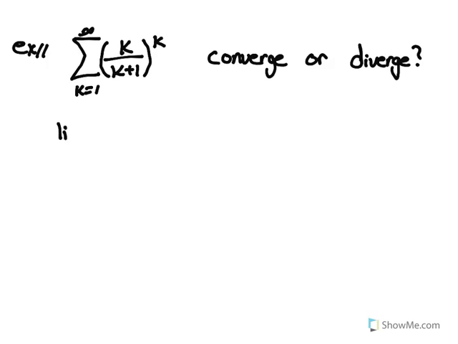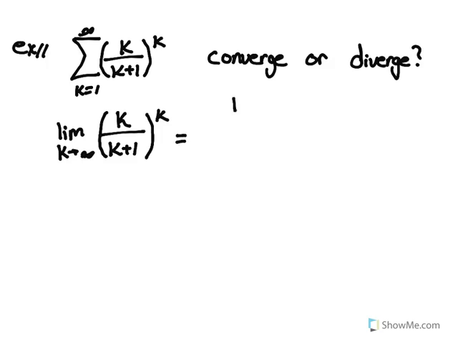So we look at the limit of the individual terms in the series. So let's consider the limit as k goes to infinity of k over k plus 1 to the power of k. Now this limit, I can take the reciprocal of it.